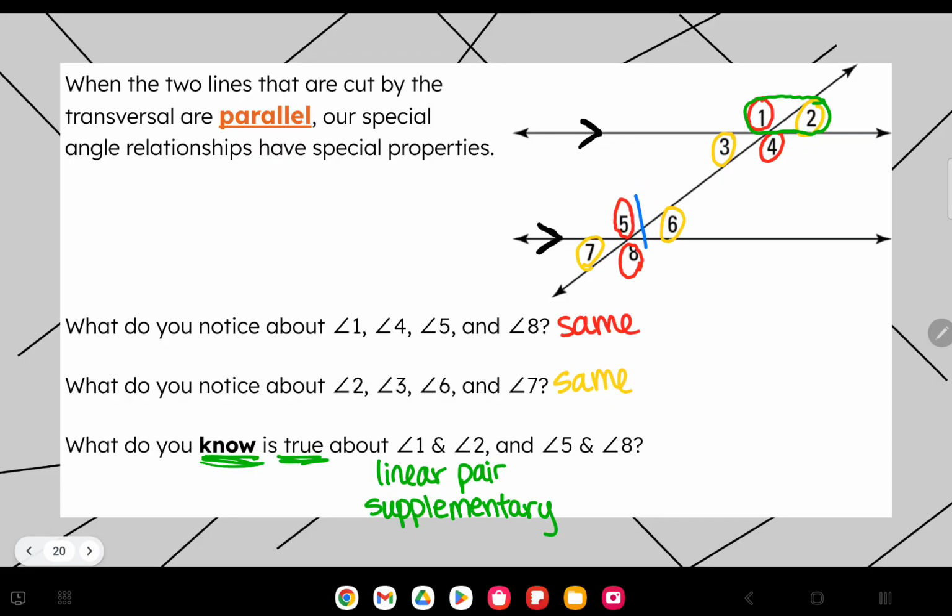And then angle 5 and angle 8, we know that they are vertical angles. And therefore, they are congruent.